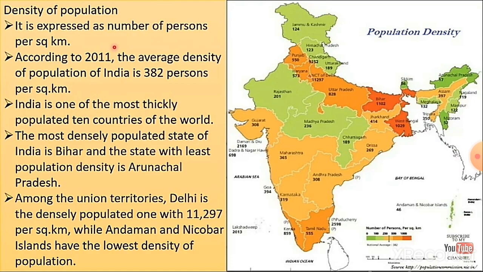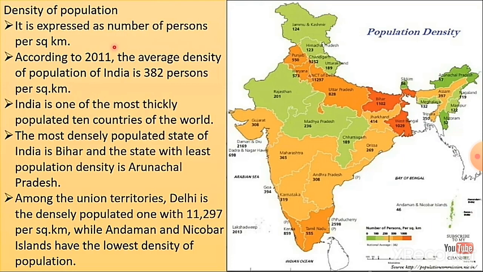According to 2011, the average density of population of India is 382 persons per square kilometer. For example, if your class contains 382 persons, that is a most densely populated area.